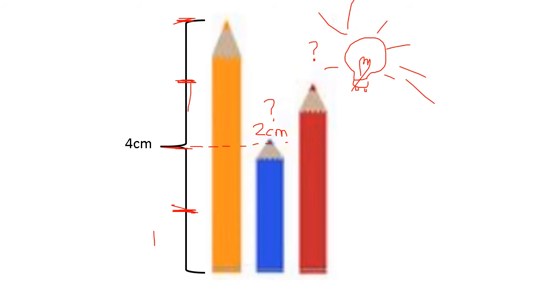This would be 1 centimeter. This is 2 centimeters. This is 3 centimeters. And this would be 4 centimeters. And our red pencil is about 3 centimeters. This is an estimate, but it's good enough.